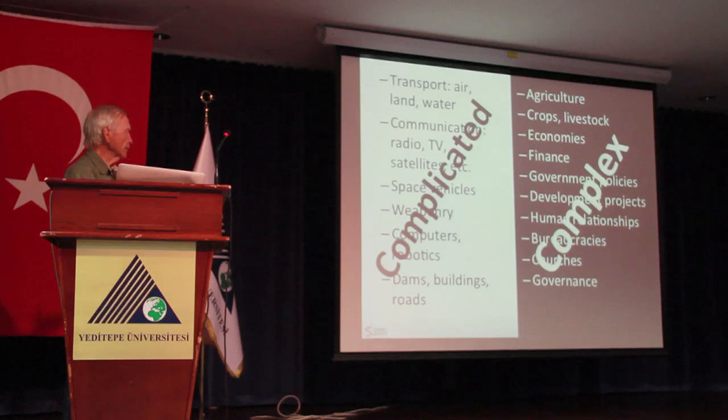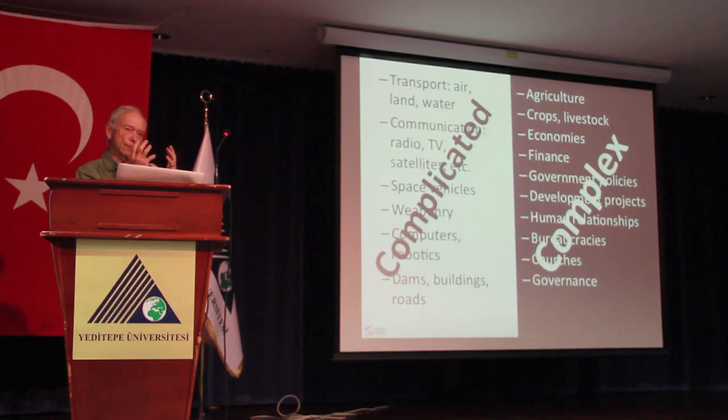Okay, so everything on the right is complex, and there lies our problem. Everything on the left and the right, we use the same decision-making embedded genetic process. Everything on the right, we have objectives.